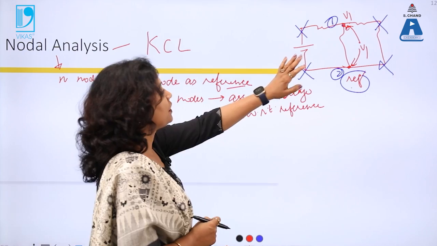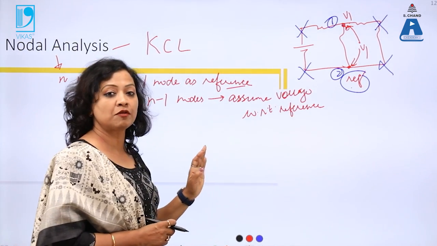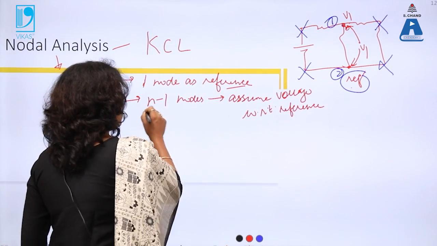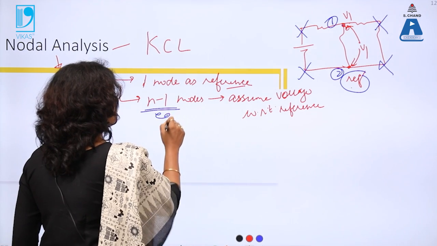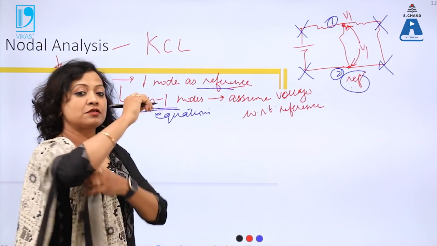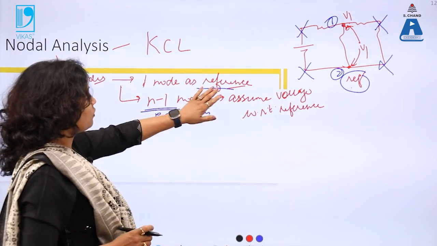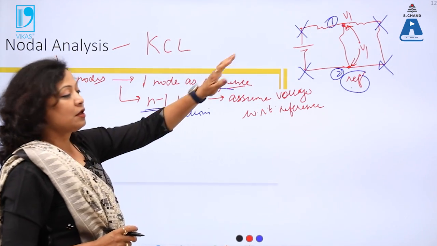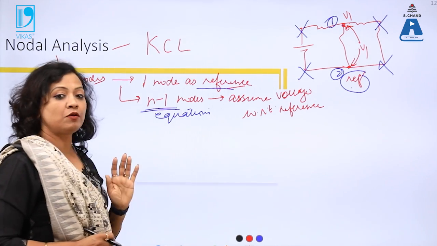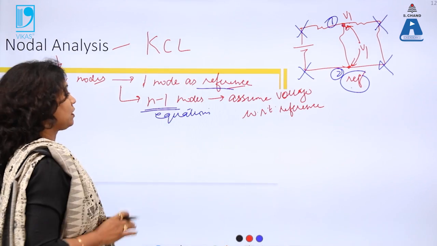So if there are n nodes, n minus 1 equations in terms of voltage will be used in nodal analysis, because I have taken one as reference. Normally that reference is ground. So with respect to ground, I assume the node voltages and then I have variables to solve any circuit using nodal analysis.